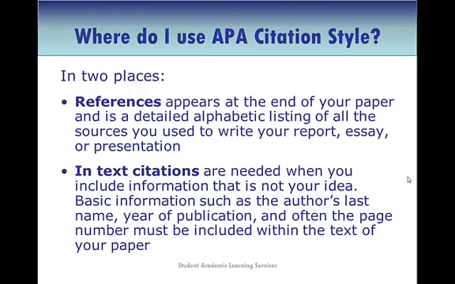So that would go in the body of your paper or in your presentation, and it would match with the source information that you'll see on your references page. So whatever you've got as an in-text citation must have a references entry at the end of your paper, and whatever you have as references would have corresponding in-text citations in the body of your paper. You'll see more of this when we take a look at some examples.